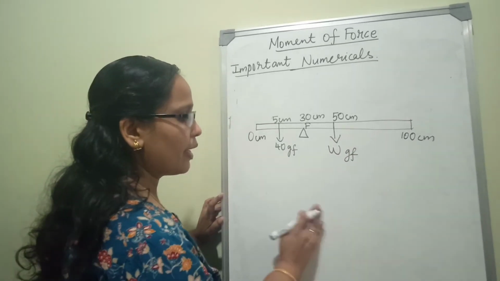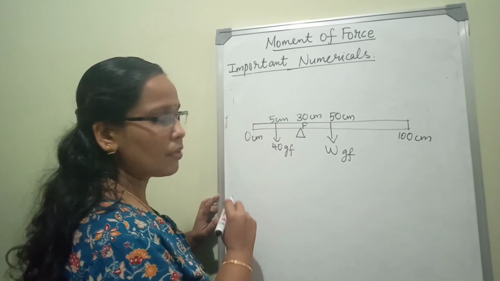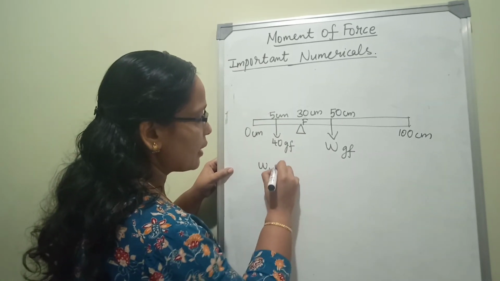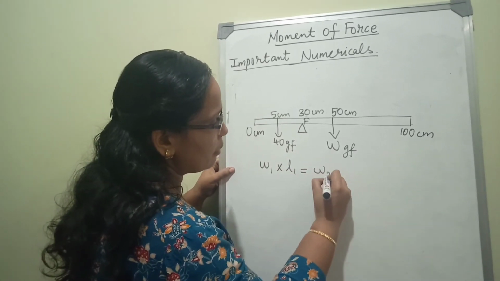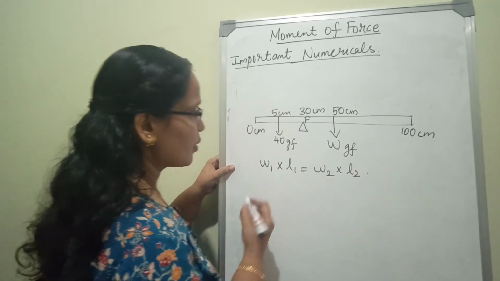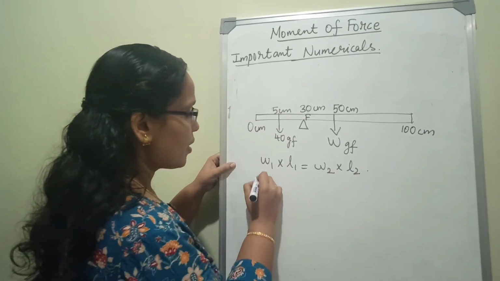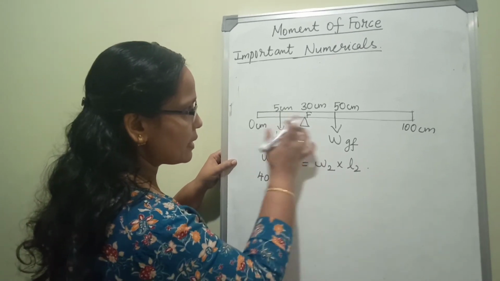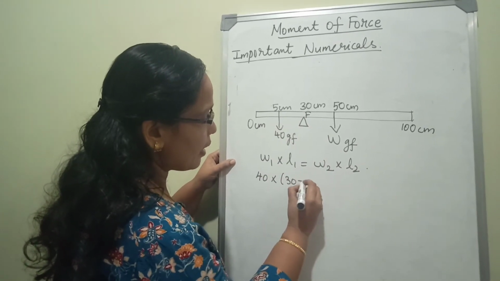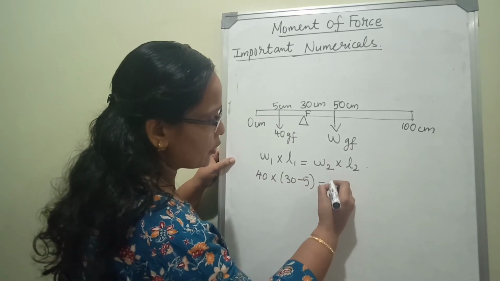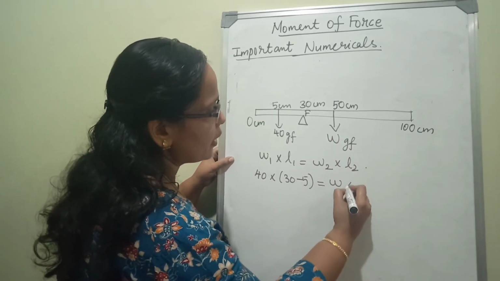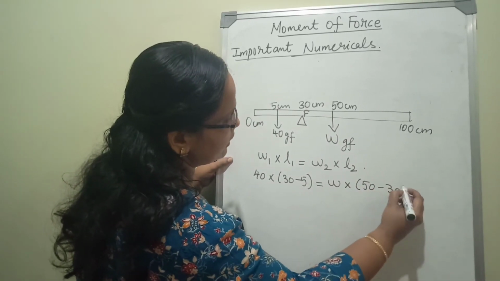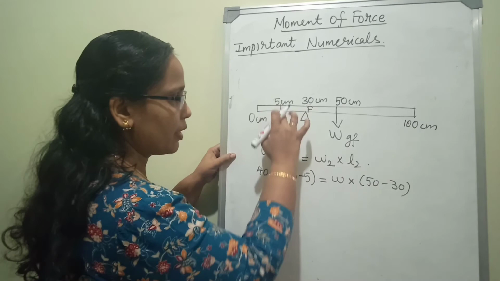Then we have to take the principle of moments. In equilibrium, W1 into L1 is equal to W2 into L2. So W1, if you consider this, 40 into this distance. How much is the distance between them? 30 minus 5. W2 is W into this distance, 50 minus 30. We should not take only 50 or here only 5.